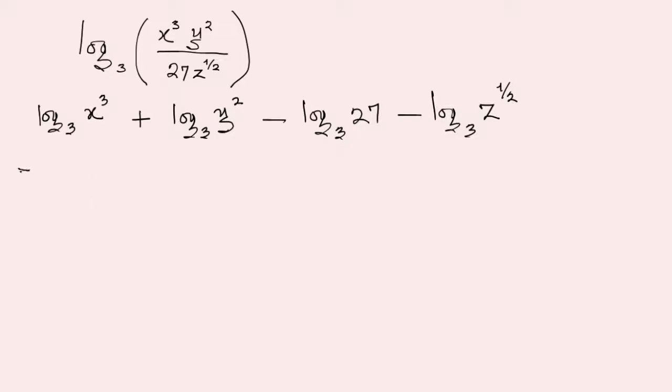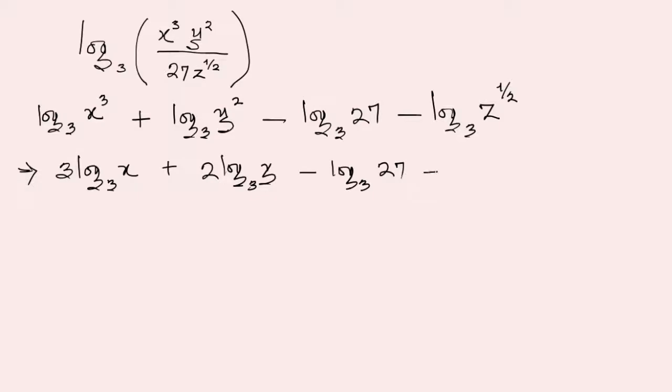So we can rewrite this as 3 log to the base 3 of x plus 2 log to the base 3 of y minus log to the base 3 of 27 minus half log to the base 3 of z. Looking through all this, the only one that we can express further is this.